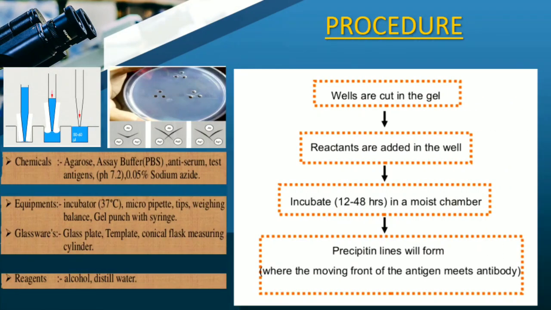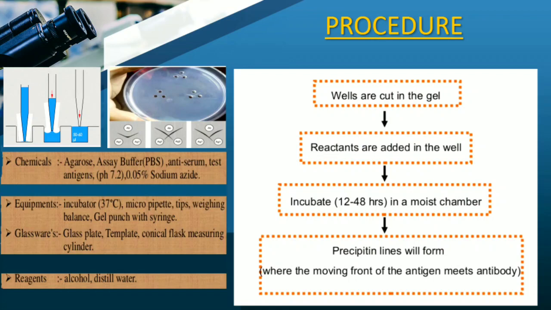Procedure: some materials are required, such as chemicals, agarose gel, buffer, antiserum, and test antigens. Equipment is also essential: incubator, micropipette, weighing balance, and syringe. The syringe is carefully used to fill the antigen and antibody in the wells, as shown in the image.